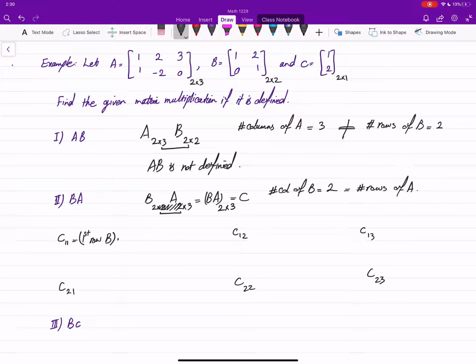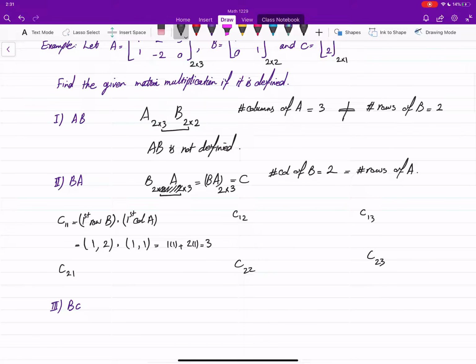And then we dot product it with the first column of the second one, which is A. We have 1 times 1 plus 2 times 1, and you get 3. So that's the first entry.